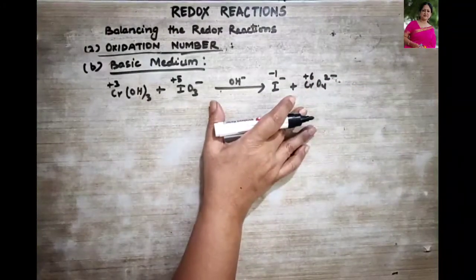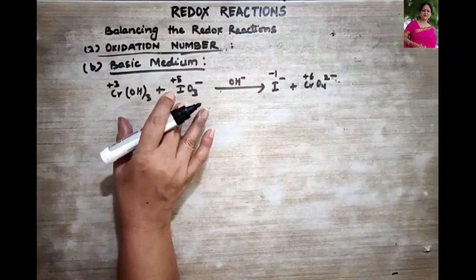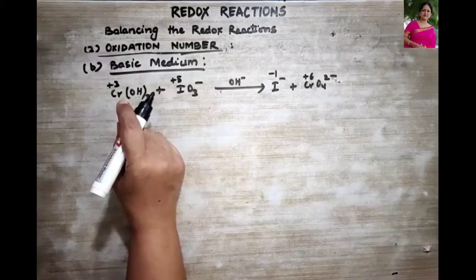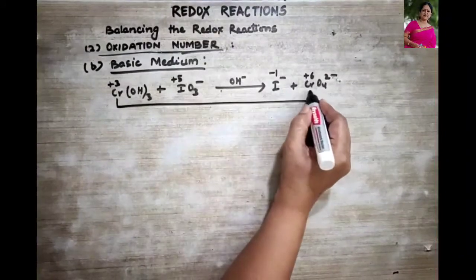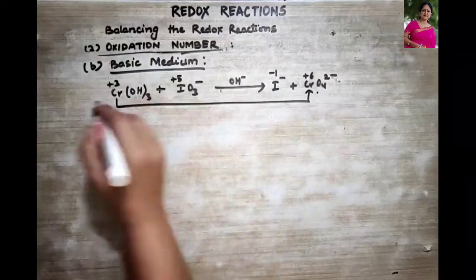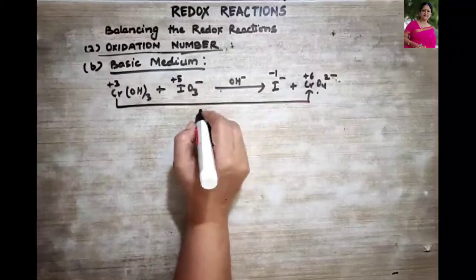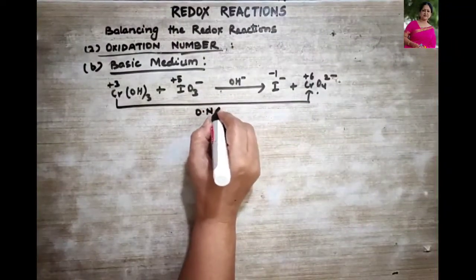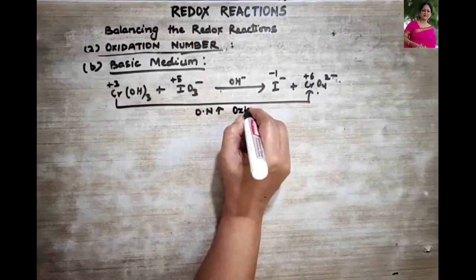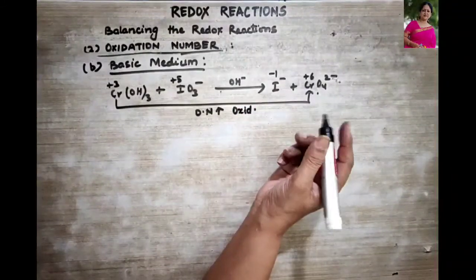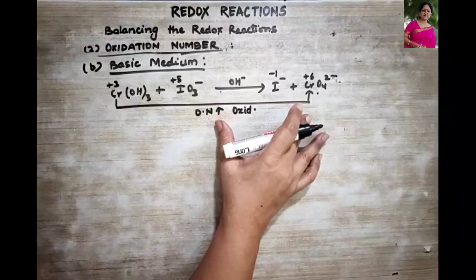Now what have we to check? Which one is getting oxidized and which one is getting reduced. Okay. So let's check chromium first. From plus 3 to plus 6, that means oxidation number is increased. Oxidation number increased means oxidation is taking place. Correct? Now oxidation is taking place over here.